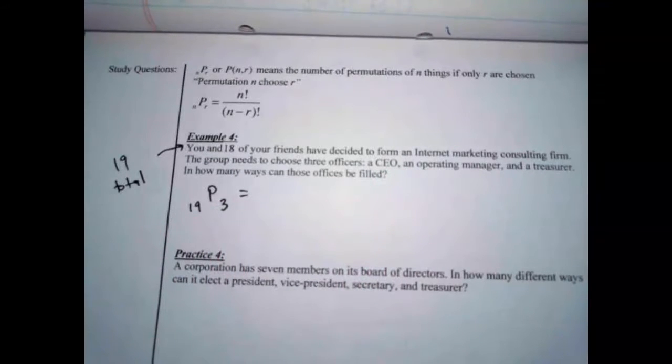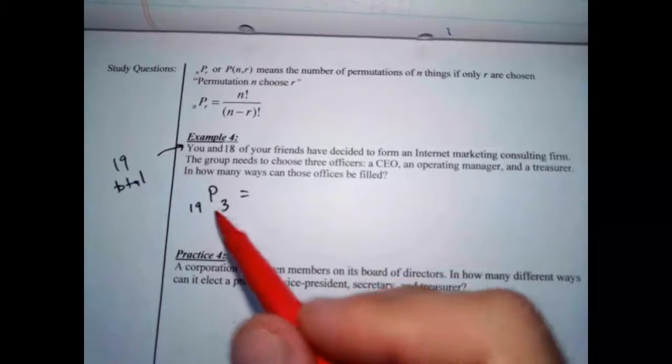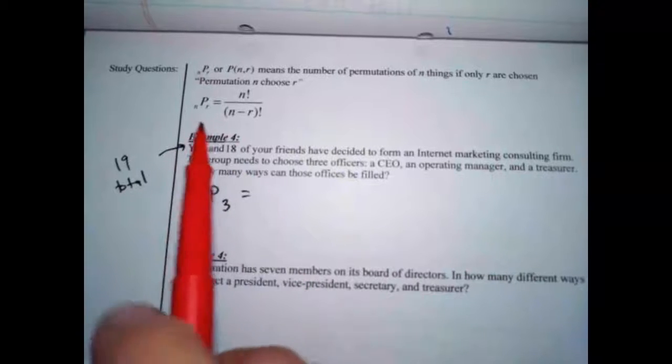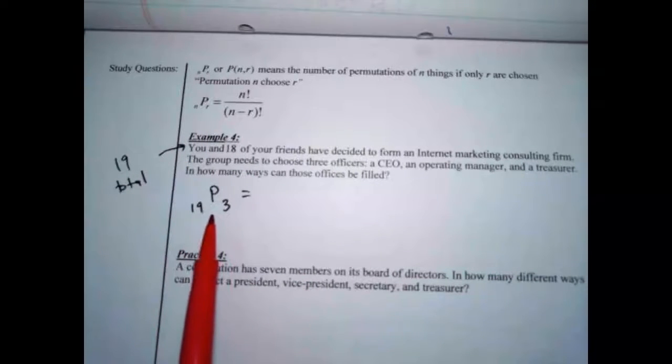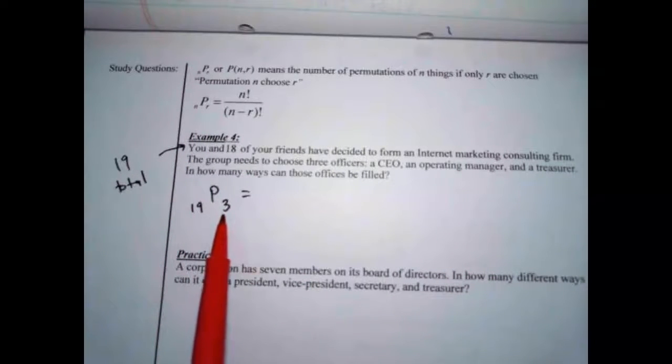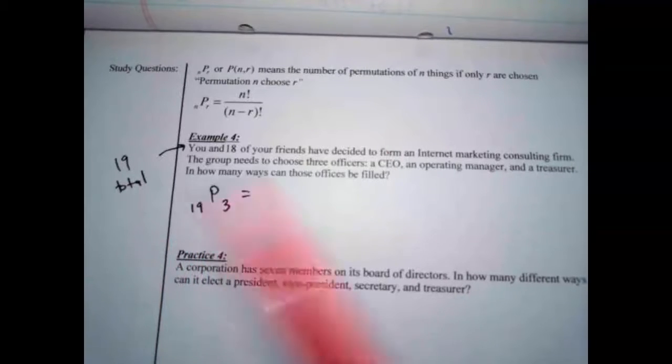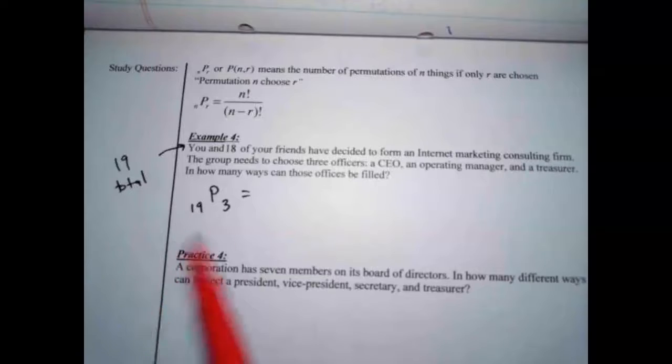So when you are only picking a certain number of people, you have this little formula here. The way it's written is 19P3. It basically implies you're only picking 3 different things from 19 total. How many different ways can you do that if the order actually matters, right? Well, this is the formula.